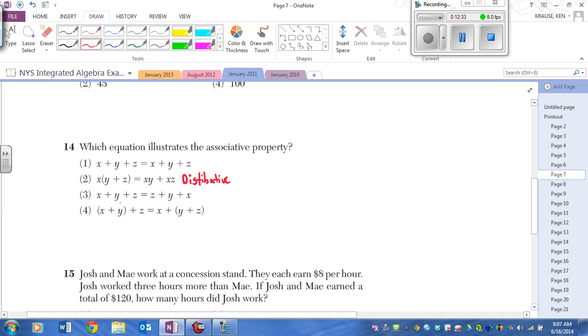This one has the z in the front, the y next, and the x last. So this is the commutative property of addition. And then this one would be the associative property. Y and z are associating, as in the associative property.